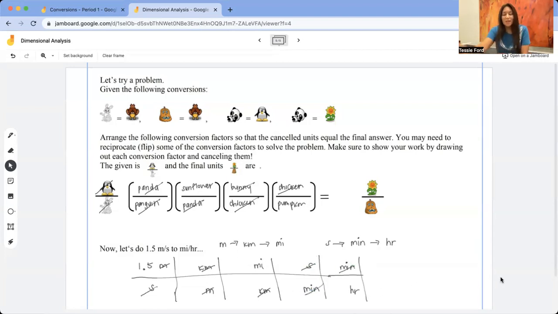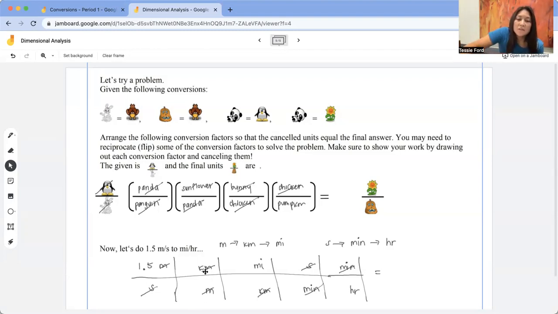Am I done? Nope. Second to last step is add in my conversion factors. So again, look at page 19 of your notebook and you will see them. So kilometers to meters, we know that. And I like to use scientific notation when it comes to this because it helps a little bit when it comes to the math.